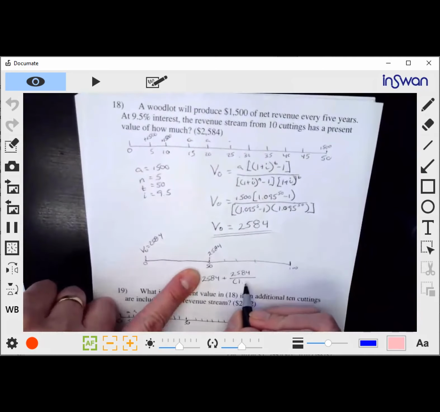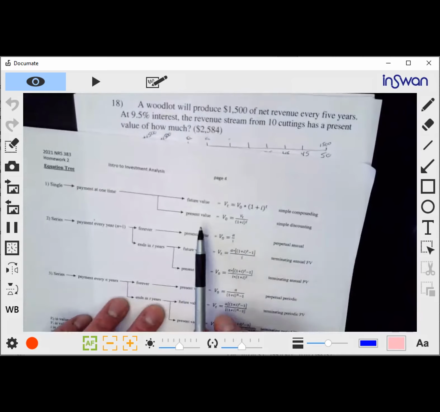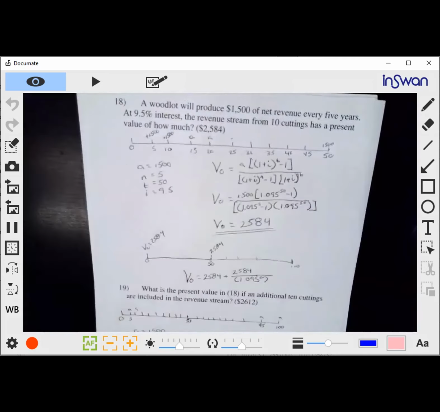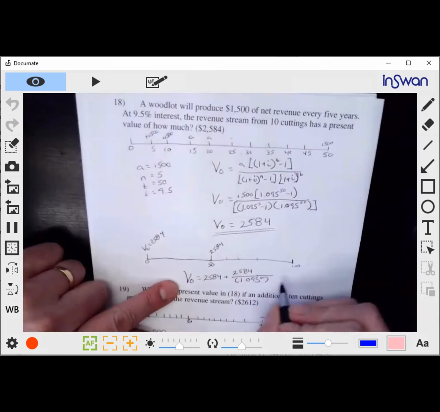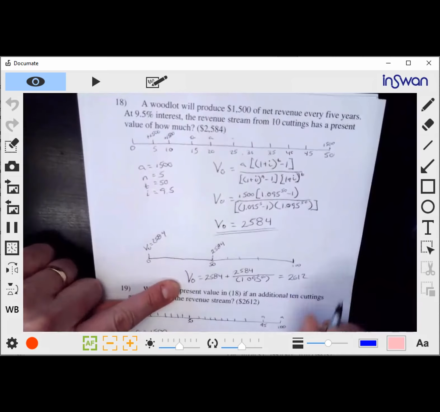We can discount it, 1.095 to the 50. So we're basically saying it's a single value that's sitting out there in the future, a VT 50 years from now, and we want to discount it, slide it over on our timeline 50 years. And what should this equal? Thinking it's going to be 2612.